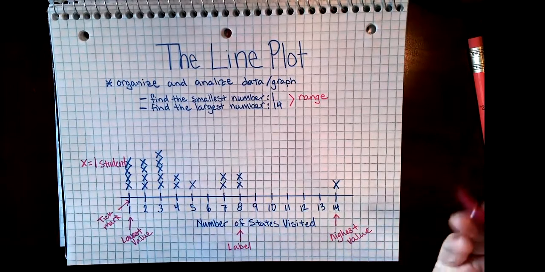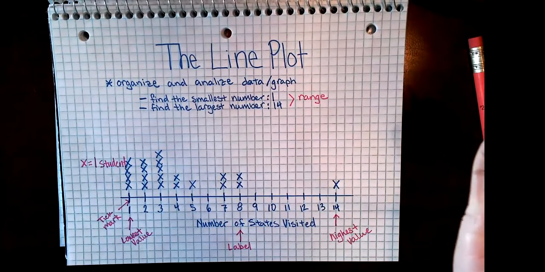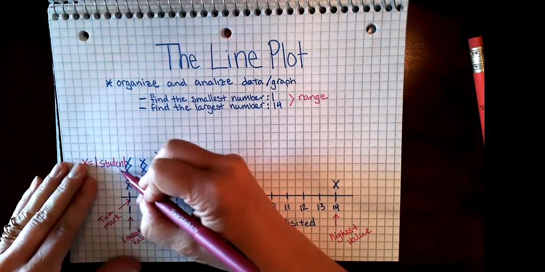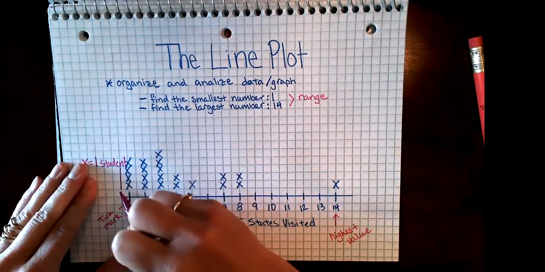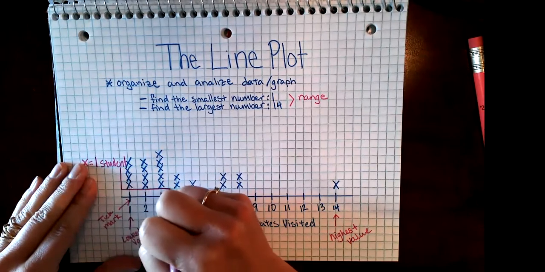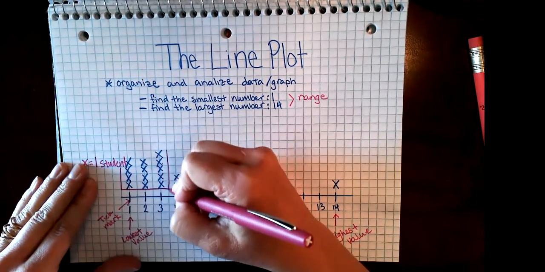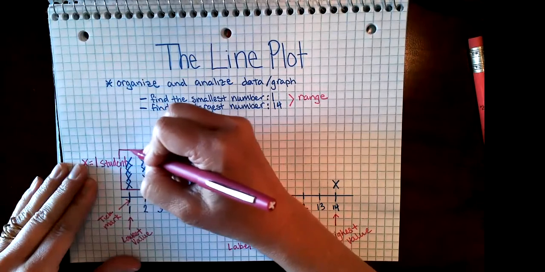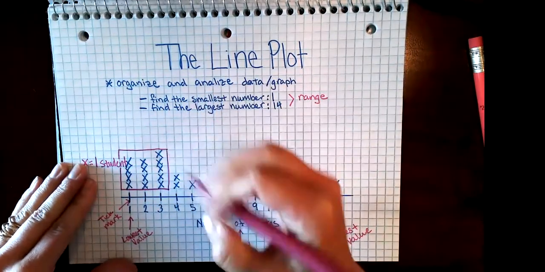Now, what can we say about this beautiful line plot? Well, we could say over here that this is the concentrated area. This is where most of my data falls on my line plot.